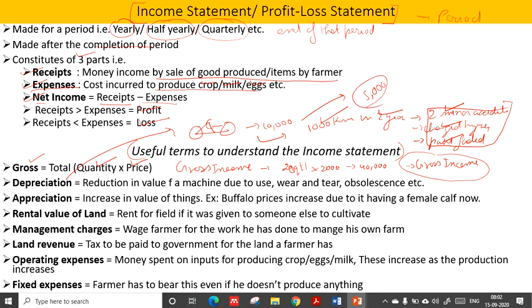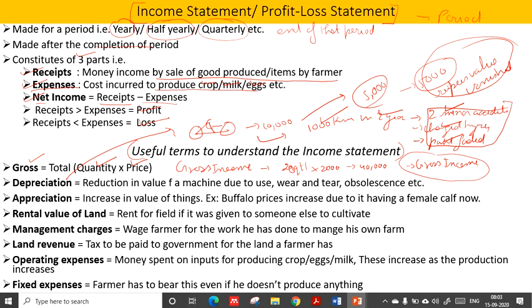Okay, I don't think it will sell for 5,000 rupees, but let's say it will sell for 5,000 rupees. Where did the value of 5,000 rupee go? 5,000 rupees value vanished. Okay, this is called as depreciation.